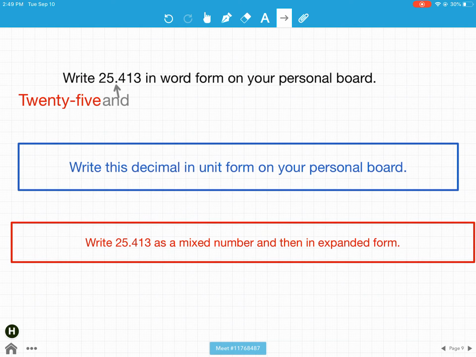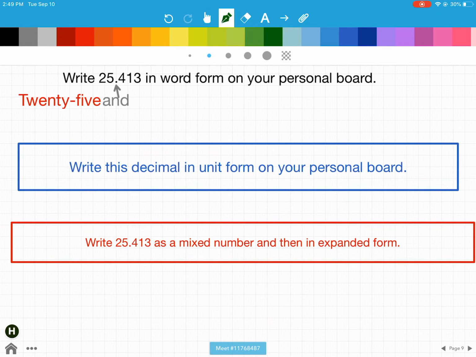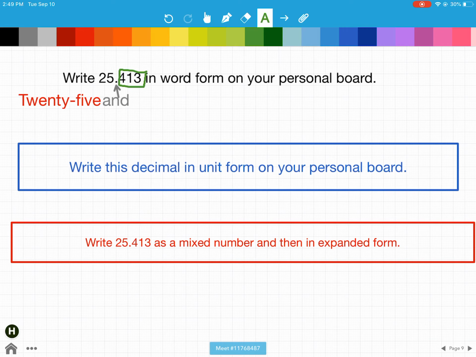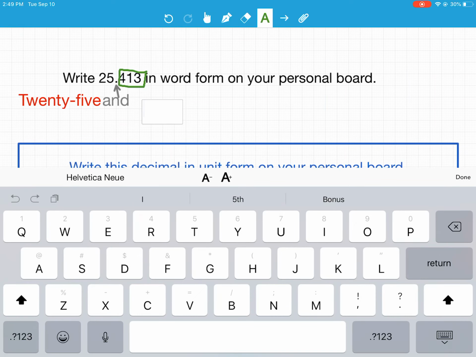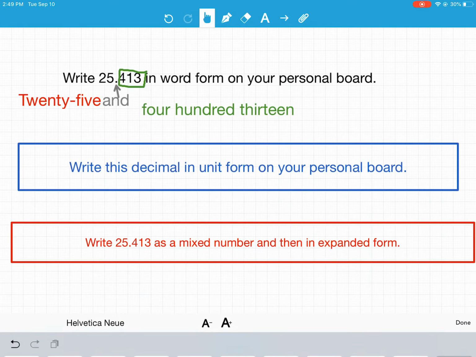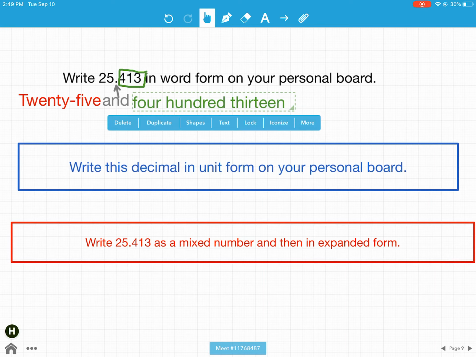Okay, and now the next thing you need to do, you just say this number all together. That's 413. So we're going to write 413. Okay, so that's 413.